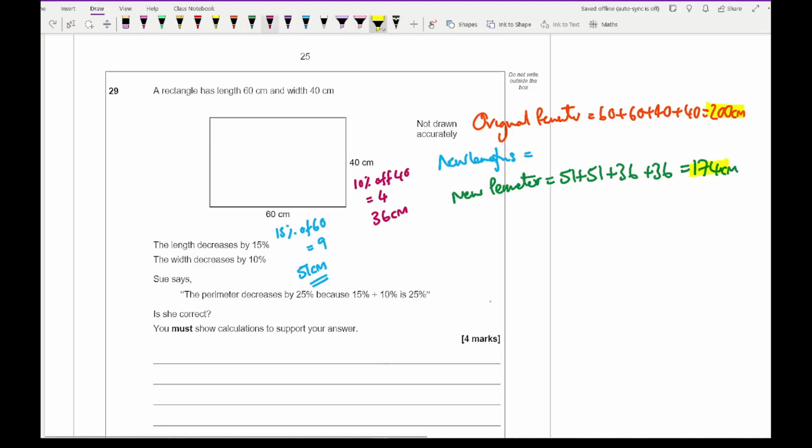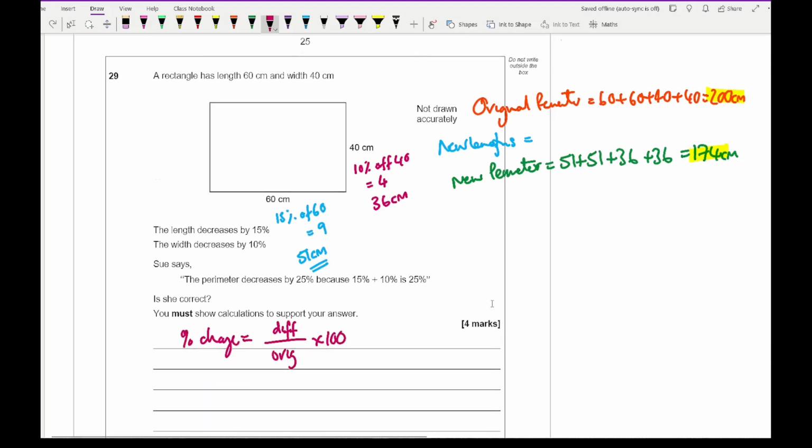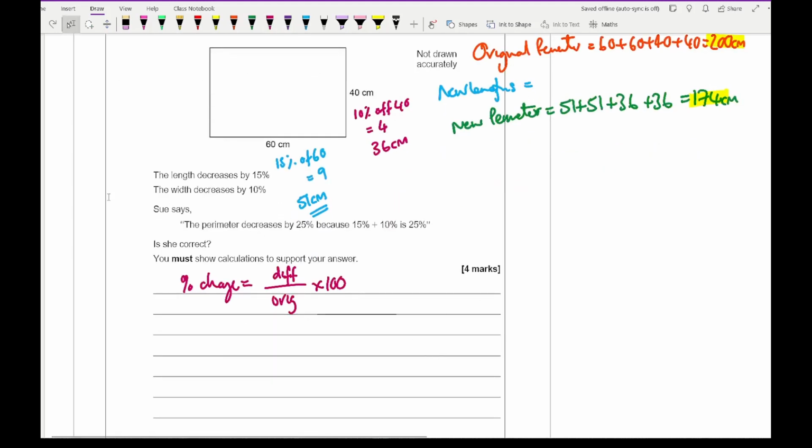And then to work out the percentage change, well, the formula to use is the difference divided by the original times by 100. Now, to compare it to the 25% that Sue says, well, the difference between the two numbers is 26. So it's 26 divided by the original, which is 200, times 100.